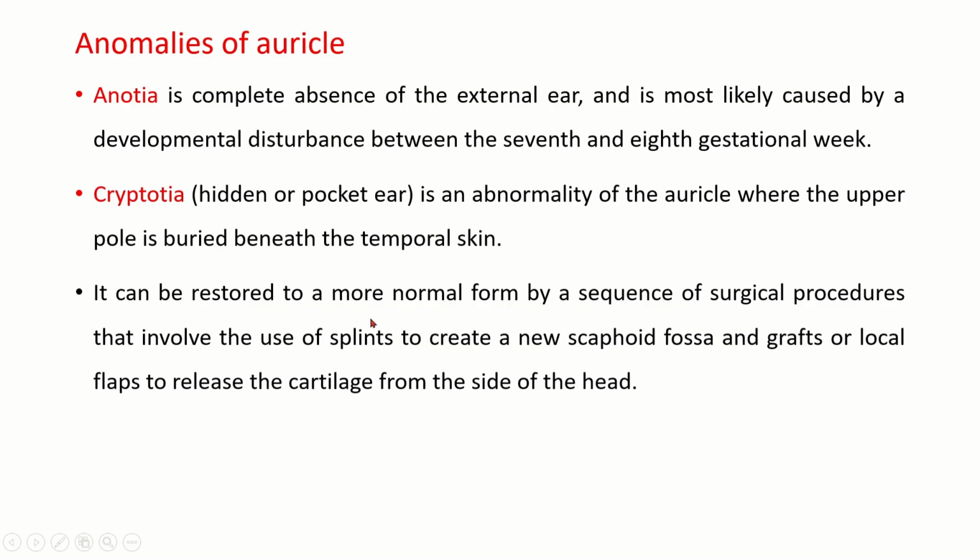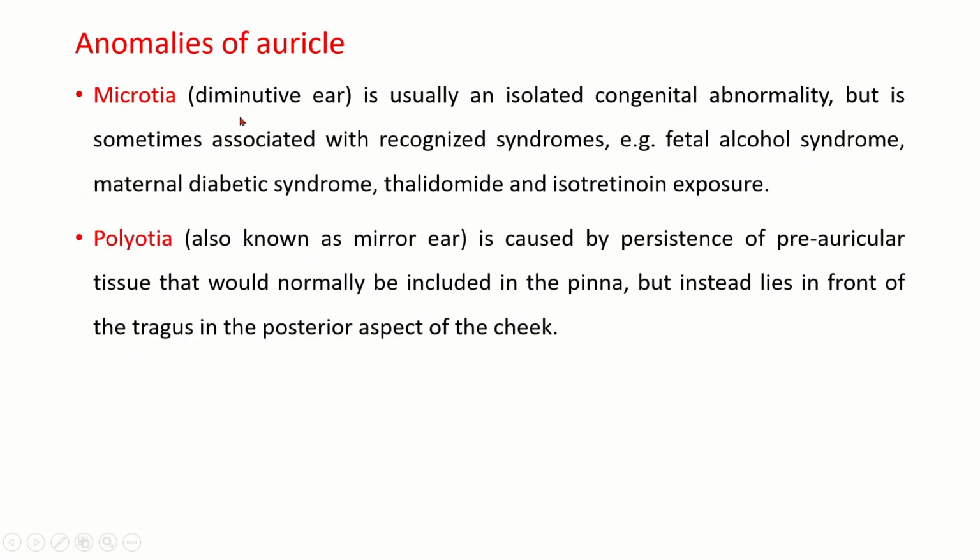It can be restored to a more normal form by a sequence of surgical procedures that involve the use of splints to create a new scaphoid fossa and grafts or local flaps to release the cartilage from the side of the head. Microtia, diminutive ear, is usually an isolated congenital abnormality but is sometimes associated with recognized syndromes, for example fetal alcohol syndrome, maternal diabetic syndrome, thalidomide and isotretinoin exposure.